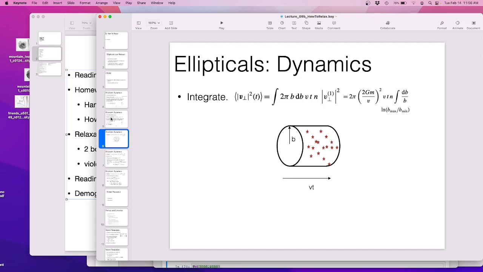So that looks like an integral dV of v perp squared for one star, which I said over here is GM over vb, equals the integral d cubed V of GM over vb.